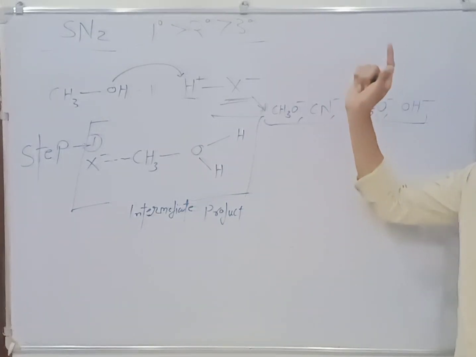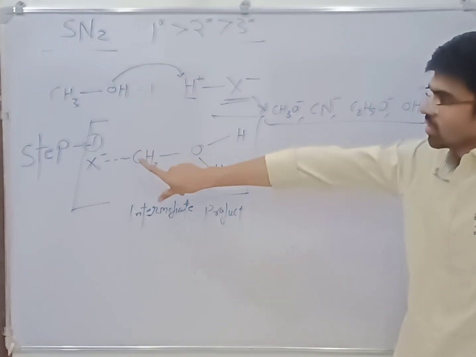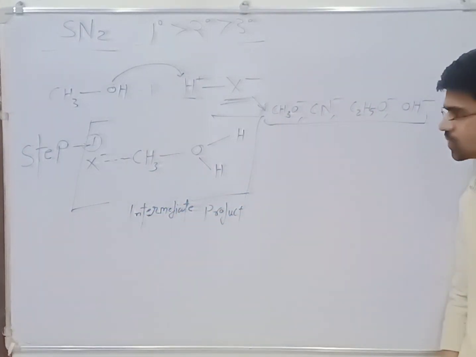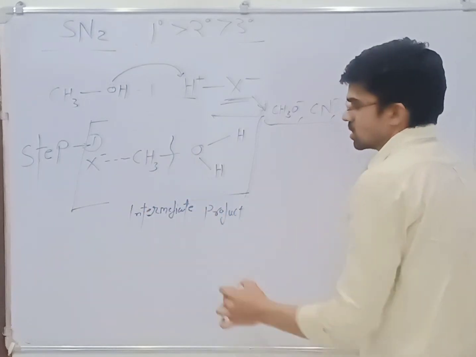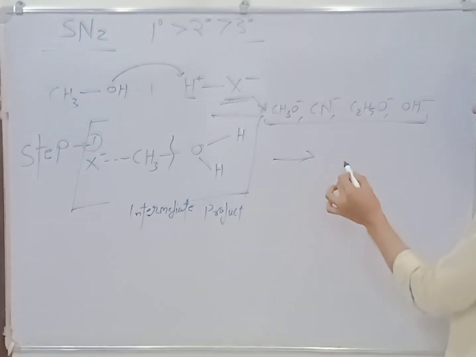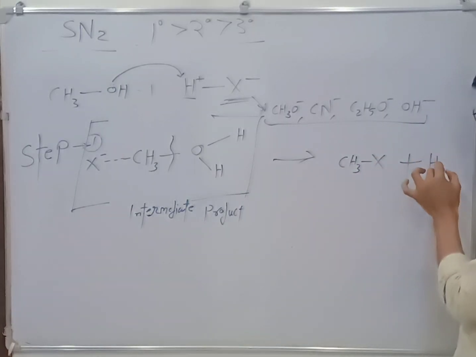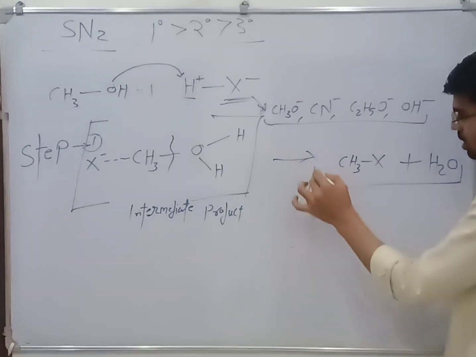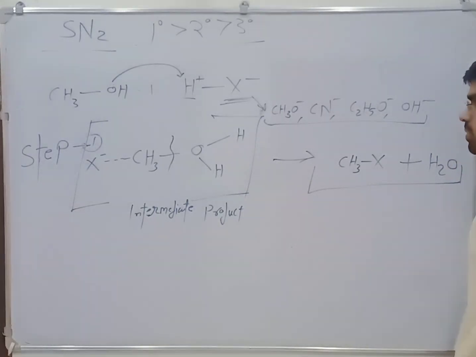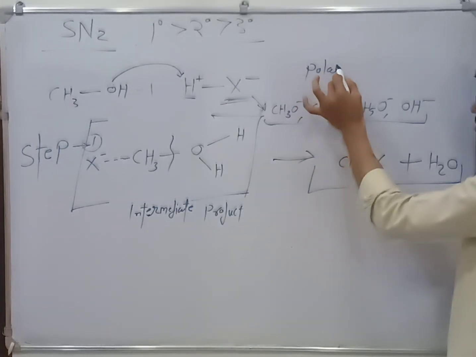They attack immediately with the reactant, and that is why they form an intermediate product. After the separation of oxygen, finally we get the haloalkane product, that is CH3X, and H2O will get separated. This reaction takes place in only one step, and these nucleophiles are called polar aprotic.